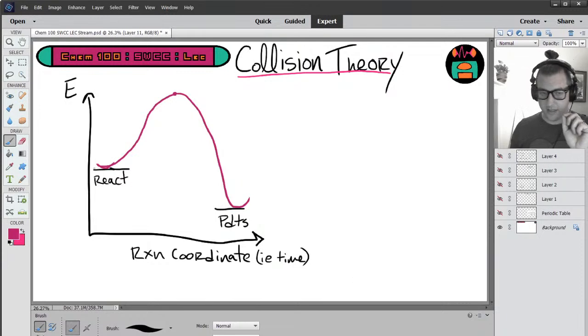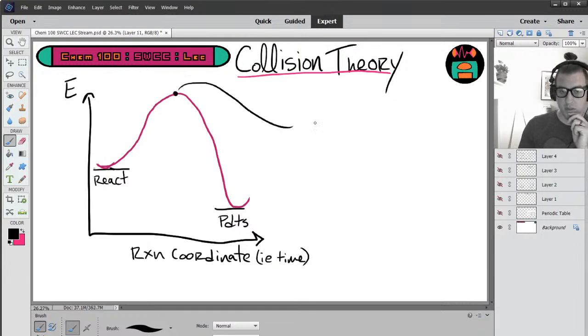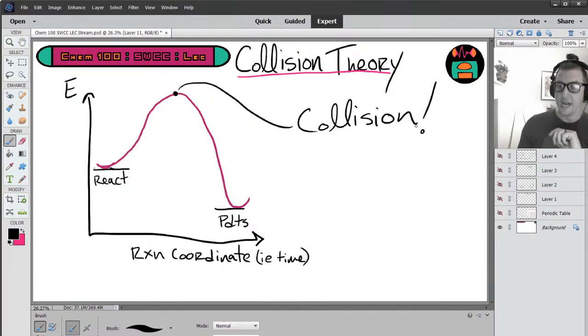At the relative maximum of your reaction coordinate diagram, right here, this is where the collision happens, all right? That is where your reactants actually connect, collide, to react, to transform into our products, all right?